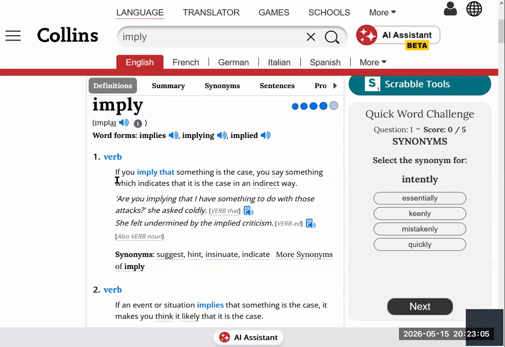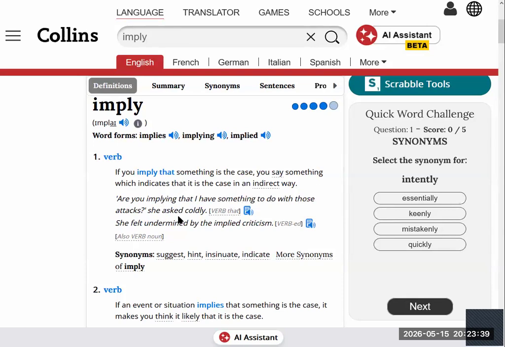So the written meaning here is if you imply that something is the case, you say something which indicates that it is the case in an indirect way. That's really the point, isn't it? You're not directly saying it, you're indirectly saying it. So when you say something indirectly, you're implying it. It's a bit like prediction, but not exactly prediction.